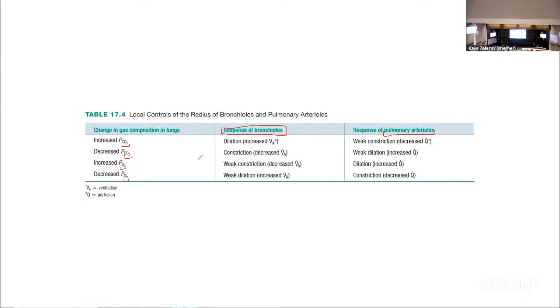I kind of like a table form because it's also kind of like a flashcard, but whatever works best for you, you can look at it here. So this again shows you dilation and constriction responding to carbon dioxide and oxygen, noticing that the bronchioles are mainly responding to the carbon dioxide and our arterioles are mainly responding to the oxygen. Okay. So that's what we got closing out this unit.